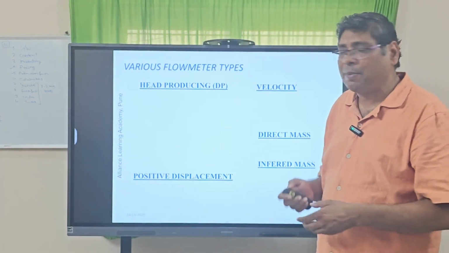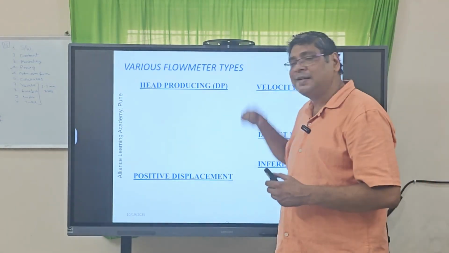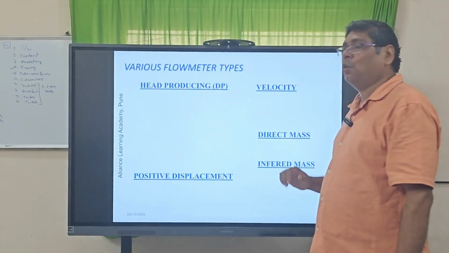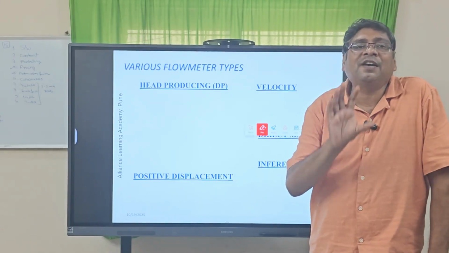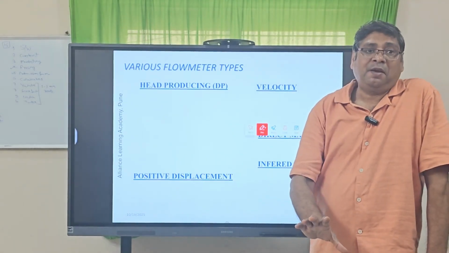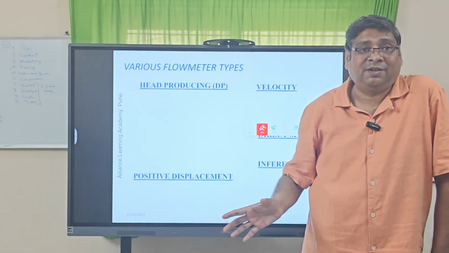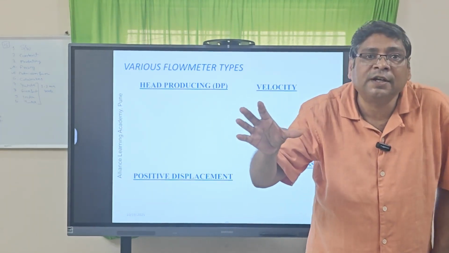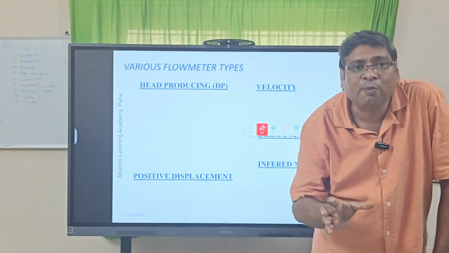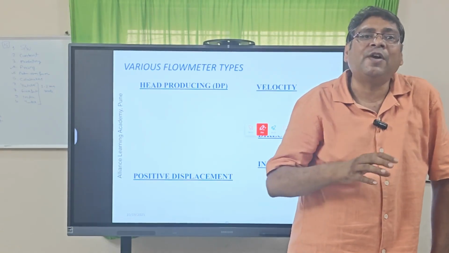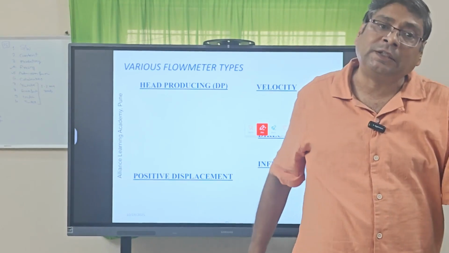Now, our next topic is the various flow meter types. Here, I want to tell you there are 5 major principles. Based on these 5 principles, there are a lot of flow meters. And among those, we will study only the commonly used flow meters, which you can see when you walk through the plants.